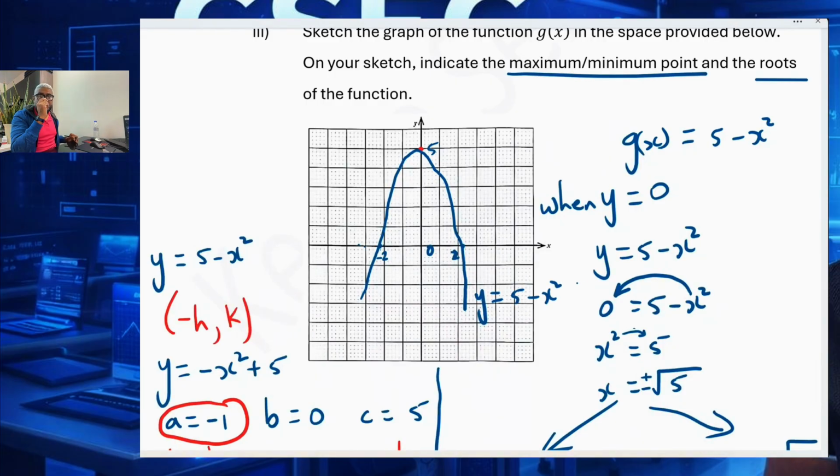You could put g of x is equal to 5 minus x squared. Doesn't matter, right? This here is my quadratic curve where I'm showing the maximum point, right? This is my max point up here, right? So this is the max point. And these are my roots.